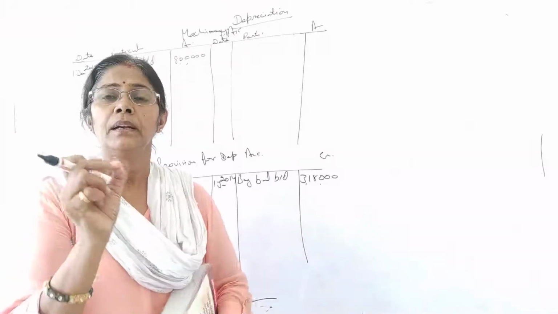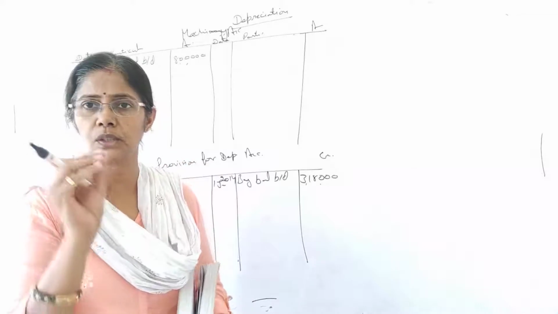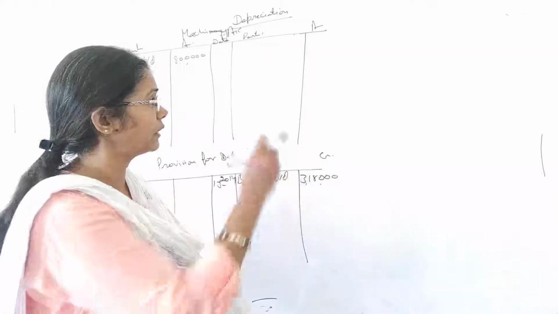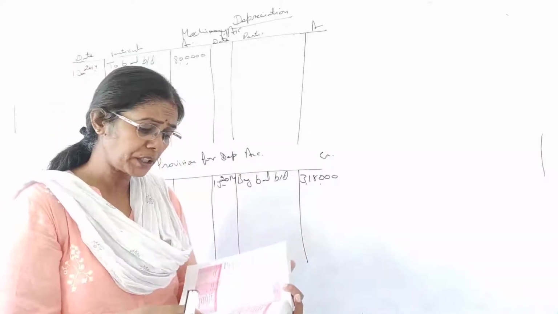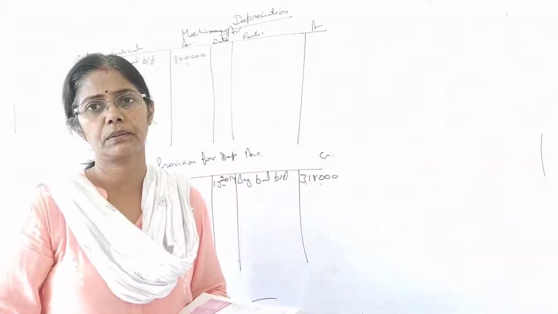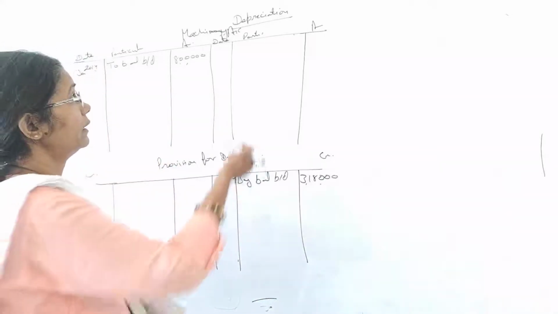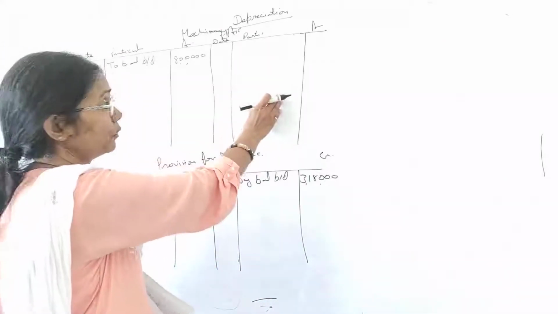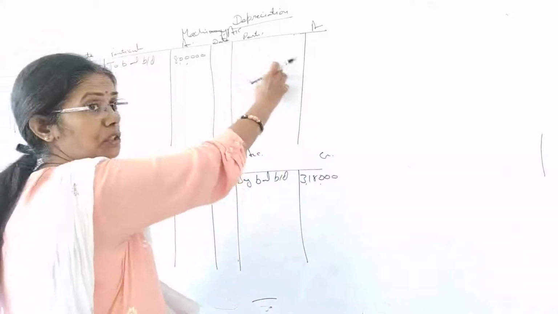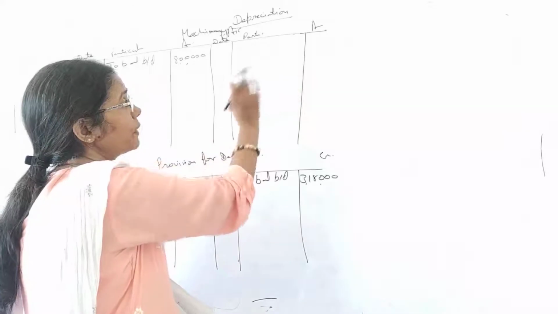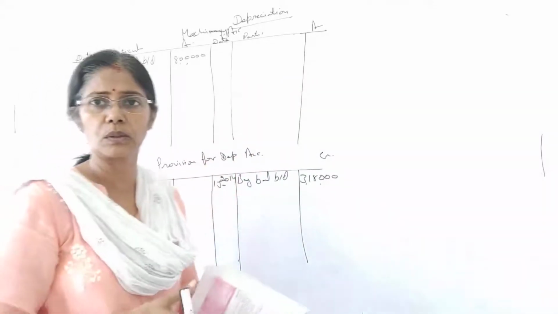Understood that? 1st January 2010 को उन्होंने 1,20,000 की एक मशीन खरीदी थी, जो आज यानी कि 1st January 2014, 4 साल के बाद उन्होंने बेच दी है 34,500. So this is the question. So we know how to deal with that. Here we have to show the entry of the sale and the accumulated depreciation जो है हमारा वो हम दिखाएंगे. We will find out the purchase and profits and losses of the sale.